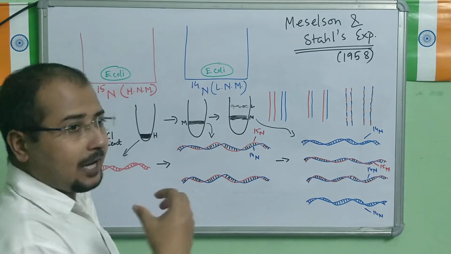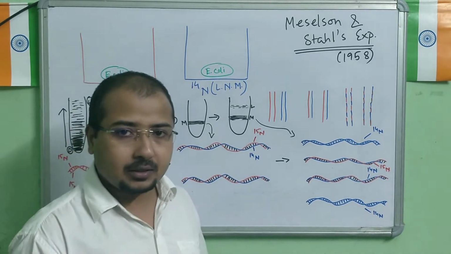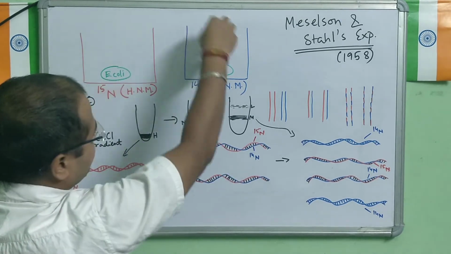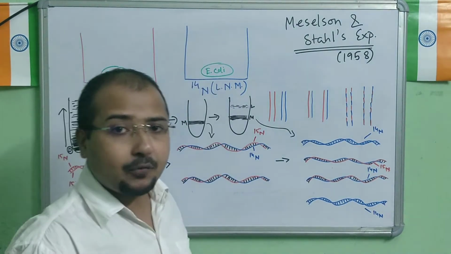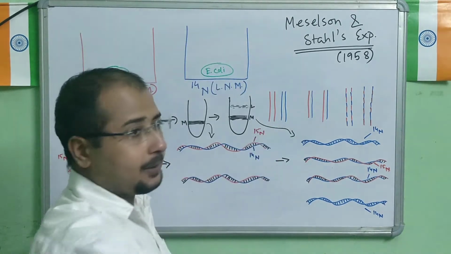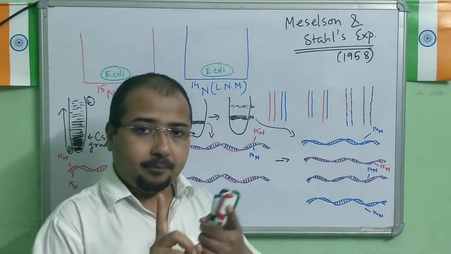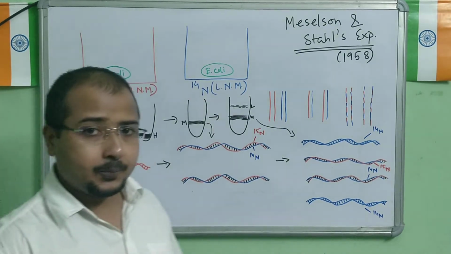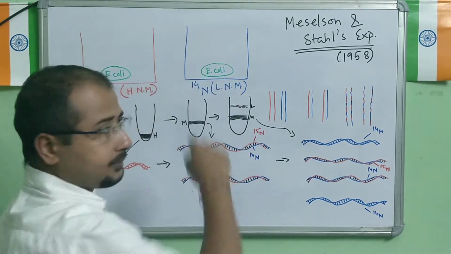Understood? So the bacteria containing heavy nitrogen DNA were transferred into this light medium and allowed to grow here. The bacteria already have heavy strands, clear, and were transferred into this part.